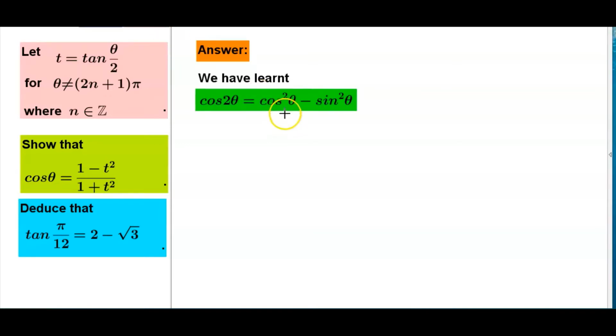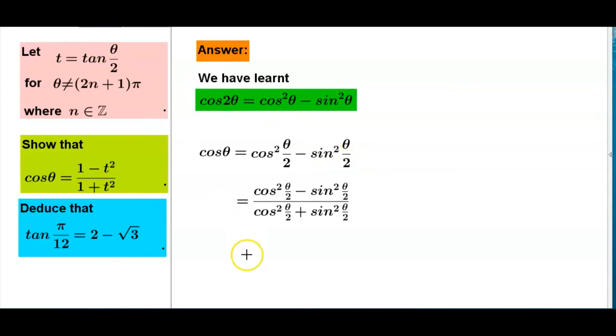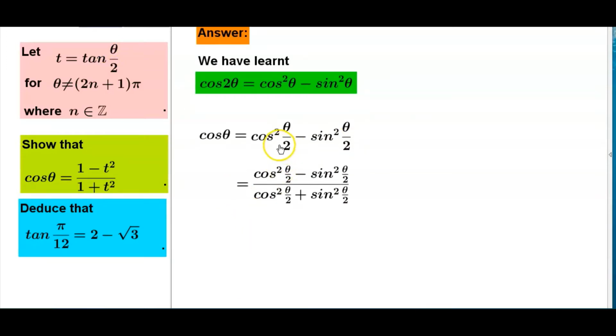We have learned the double angle identity: cos 2 theta is equal to cos squared theta minus sin squared theta. Therefore, cos theta is equal to cos squared theta by 2 minus sin squared theta by 2, divided by cos squared theta by 2 plus sin squared theta by 2, which is 1.